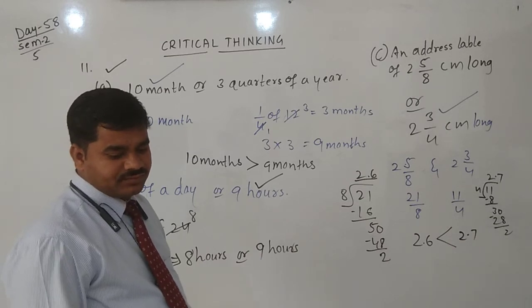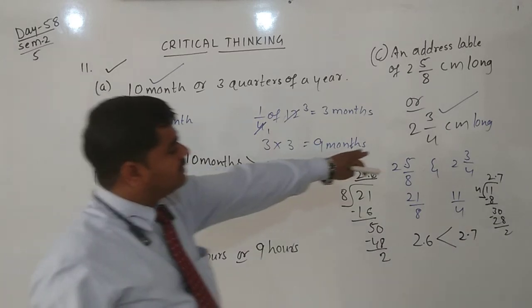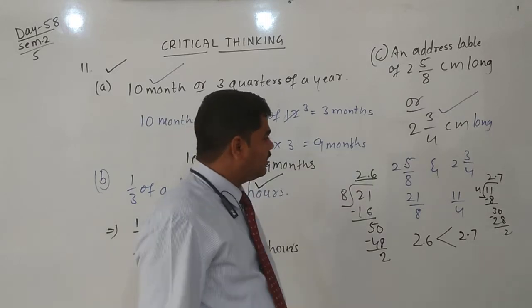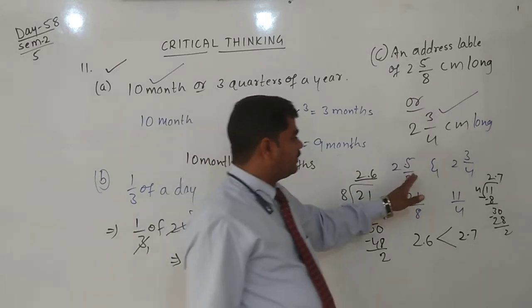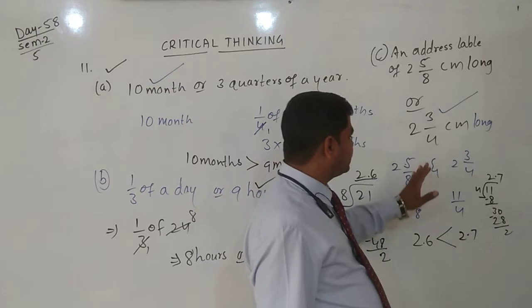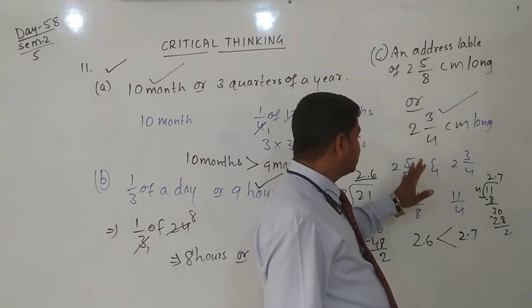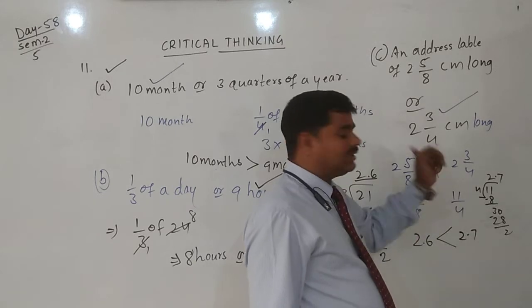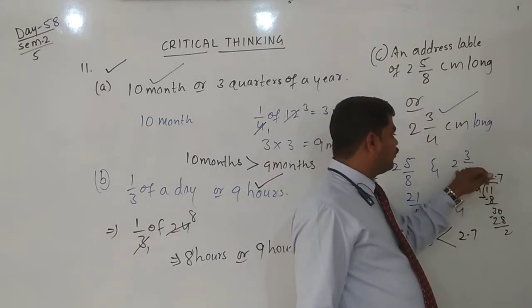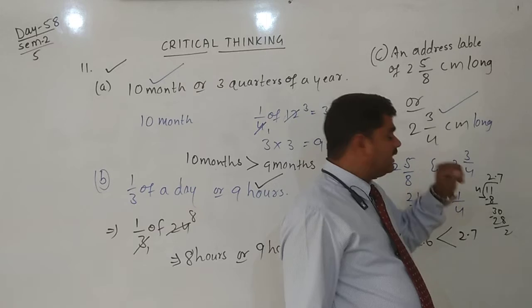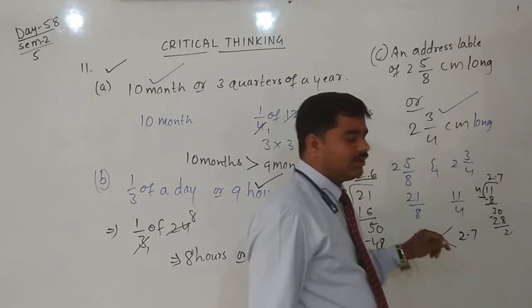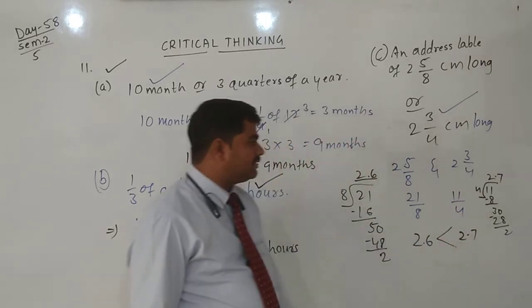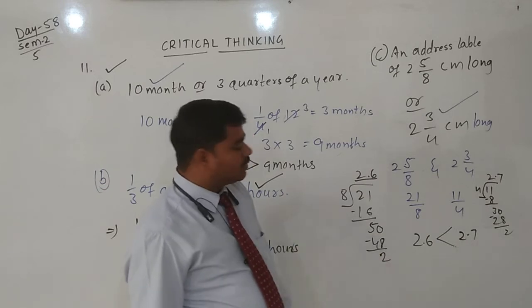So this address label is longer. Again, 2 eights are 16 plus 5, 21/8, and 2 fours are 8 plus 3, 11/4. 11/4 is 2.7 something, and here it is 2.6.